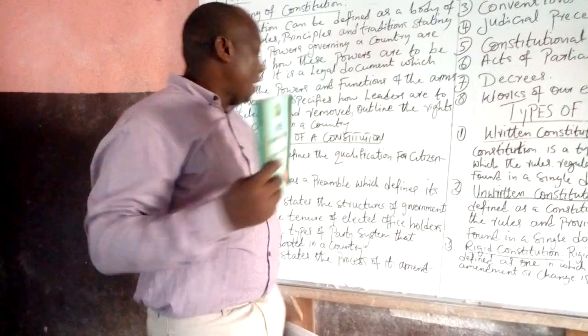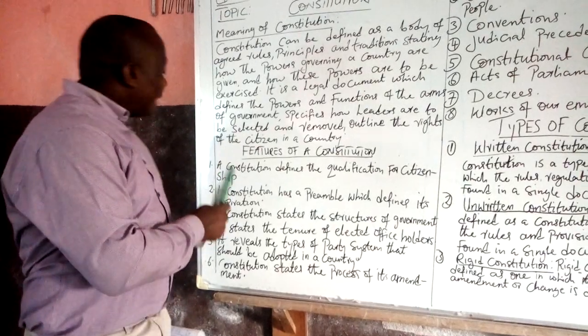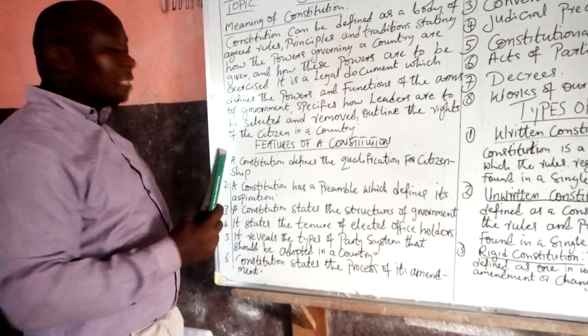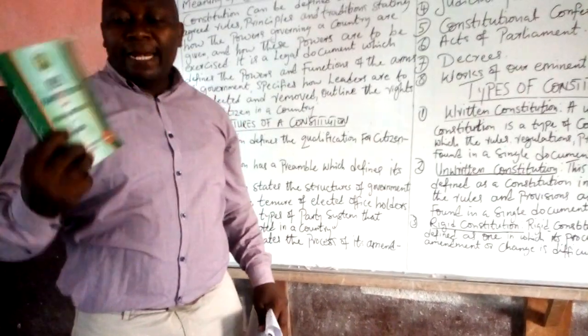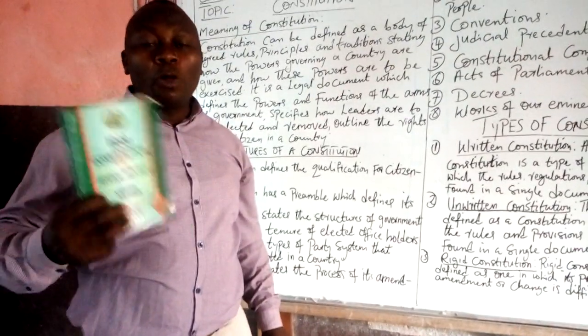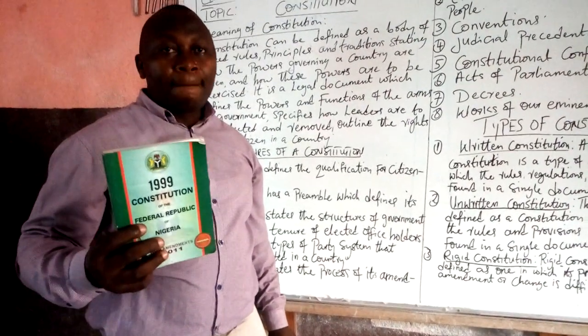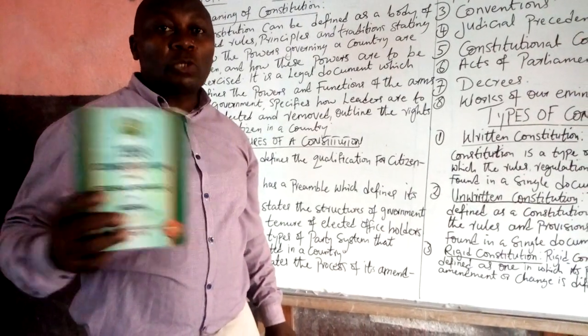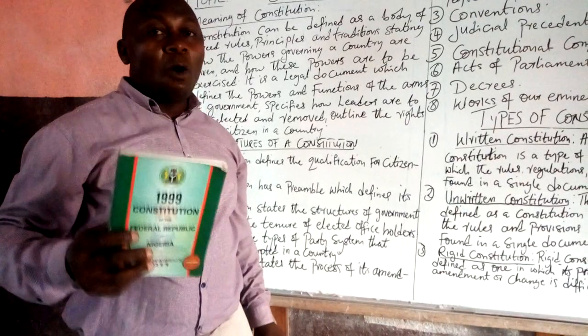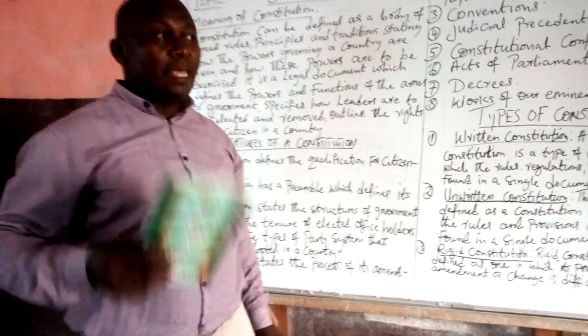Another feature in this Constitution is that it has a preamble which defines its aspiration. A preamble is the lead statement that states what you are going to see in a Constitution. A preamble states what a book is all about. It's like a summary of what you're going to see in a book.